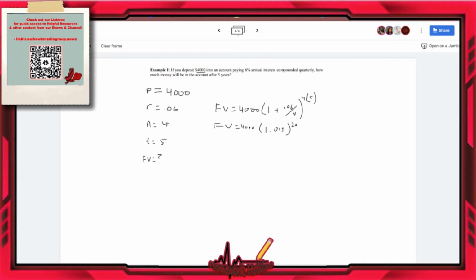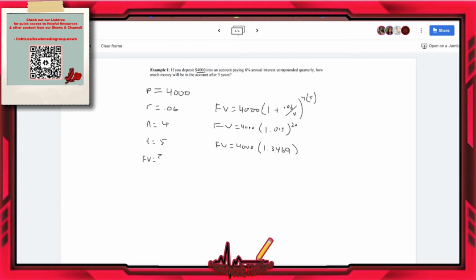What we can do from here is do 1.015 to the power of 20. Simplify it even further. You get 4,000 times 1.3469. I like to keep like 3 or 4 decimals. The more decimals you have, the more accurate your answer is going to be.